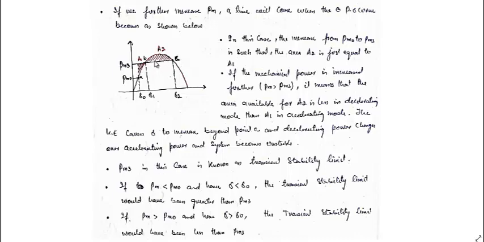Let us say this is the condition known as the critical condition or limiting condition of stability. At this point, the negative area is equal to this positive area. When this happens, the speed of the rotor is equal to the synchronous speed, and mechanical power and electrical power are equal.